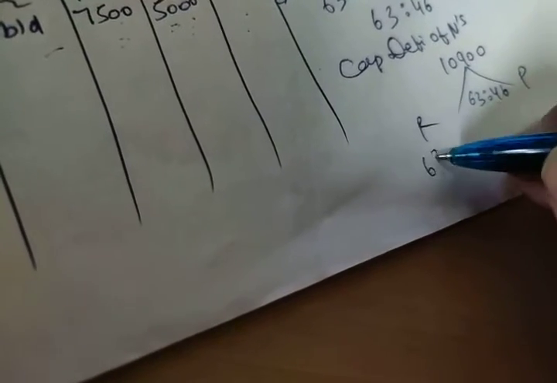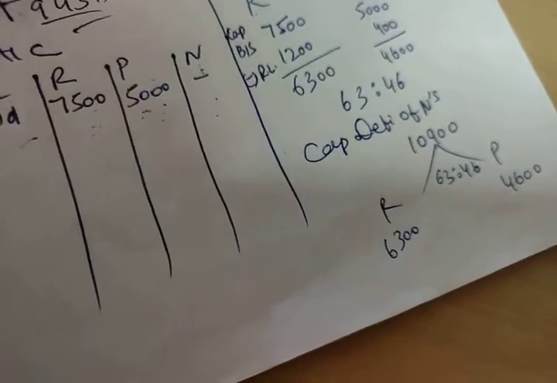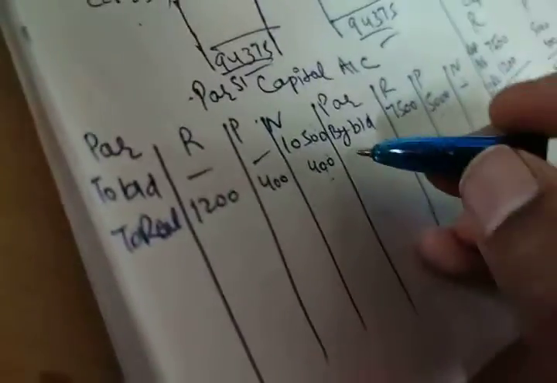And if we do that, for R we get 6,300 and for P we get 4,600. Exact amount. So as they are bearing, now we'll do the entry.